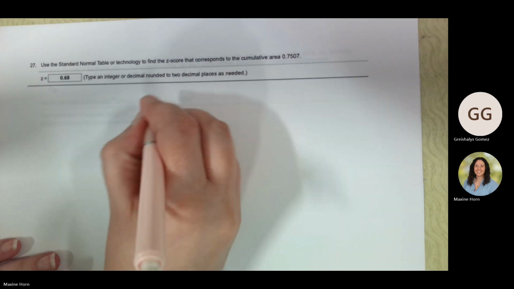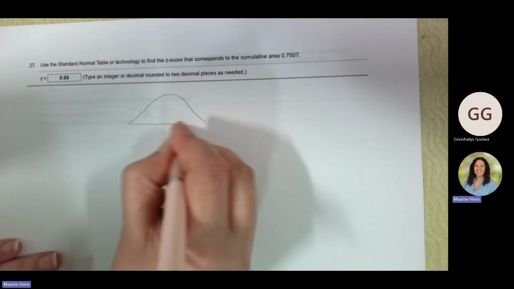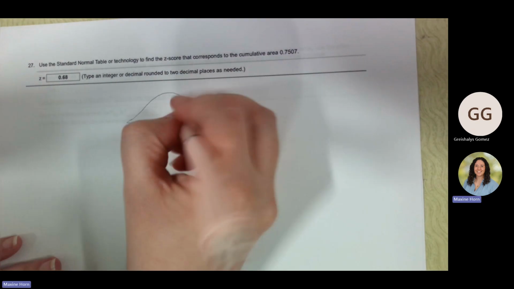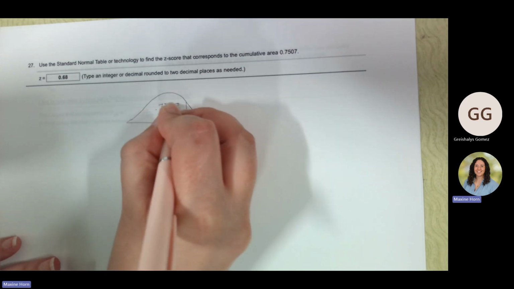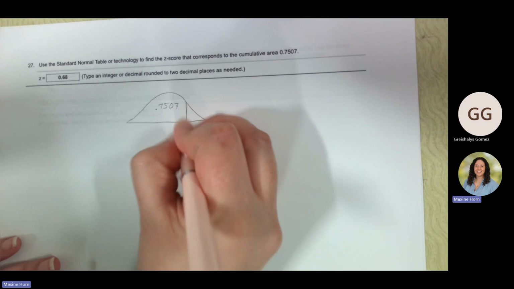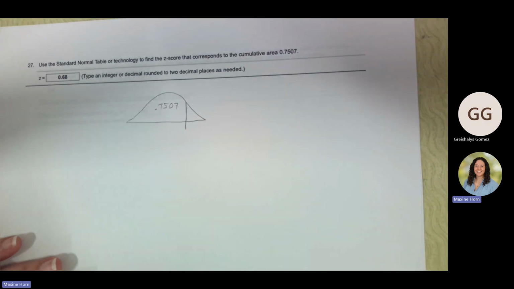Okay, similar problem. Again, use the standard normal table or technology to find the Z-score that corresponds to the cumulative area of 0.7507. So what does that cumulative area mean? It means that this is 0.7507 to the left, they want us to find that value.